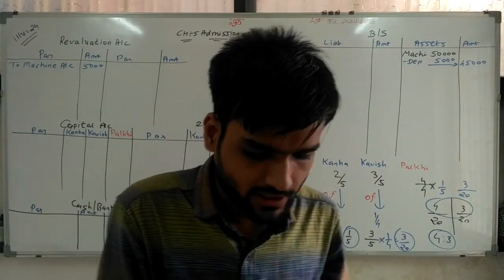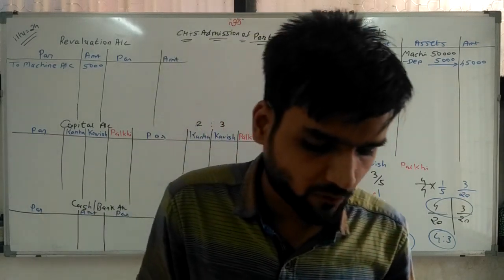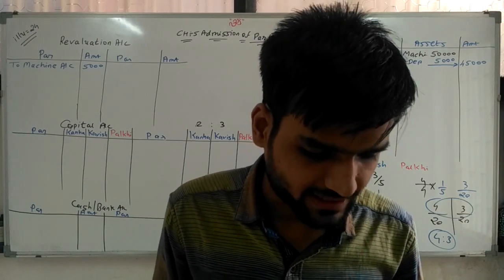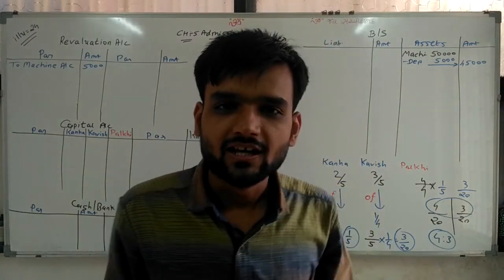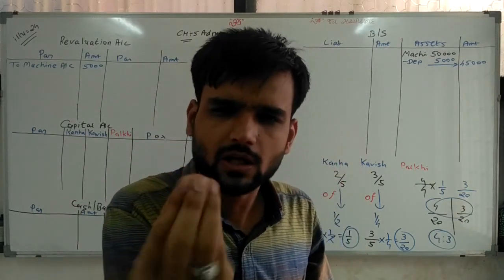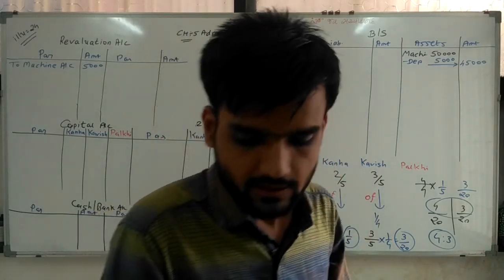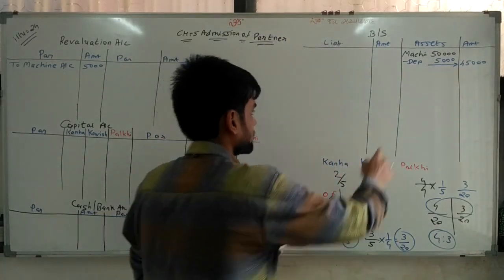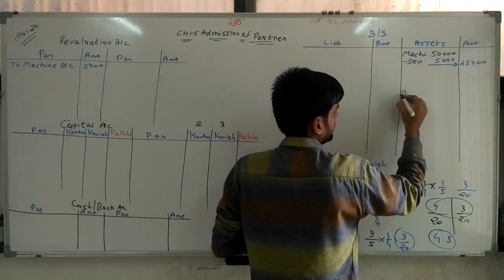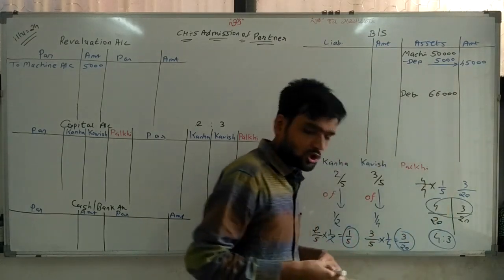Bad debt of 6,000 is to be written off, and provision of bad debt reserve is to be kept at 15% on debtors. Now again, sir, bad debt we know, bad debt reserve we know, but something is different here. So first of all, I am writing debtors 66,000 rupees.